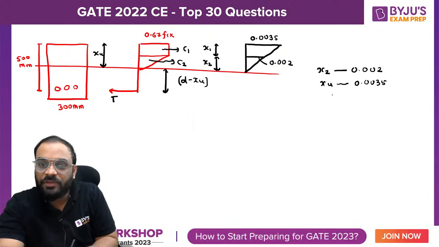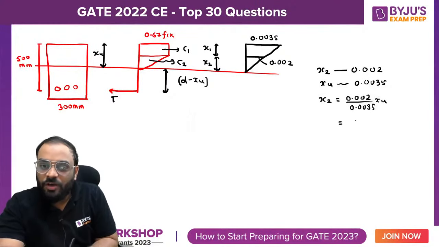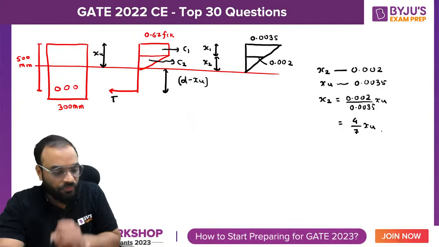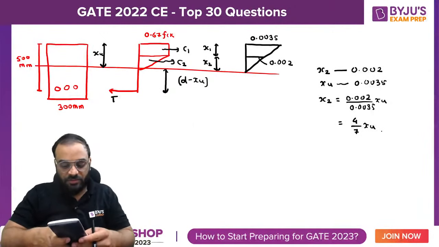0.0035. Correct? So X2 is equal to how much? 0.002 divided by 0.0035 multiplied by XU, right? So how much can we write it? 4 by 7 XU, 4 by 7 XU, correct? Kindly check it.